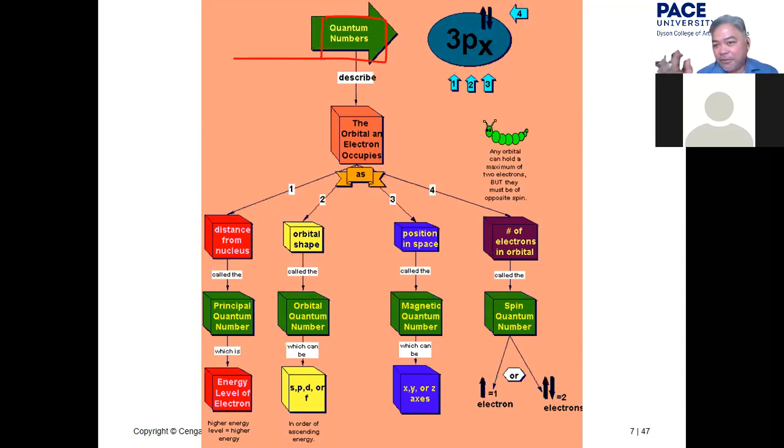There are four quantum numbers, of which three are enough to tell you where your electron most likely is. So the first, second, third, and fourth quantum numbers. We're going to go back to this slide as we go on.